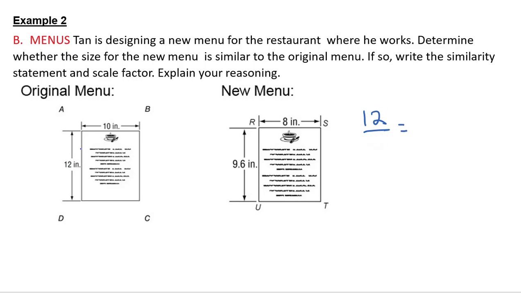Longer side, so 12 is to 9.6 as 10 is to 8. In my calculator, I do 12 divided by 9.6 and write it as a fraction, and I get 5/4. I reduce each of those by 2. I get 5/4. Yes, we are similar.